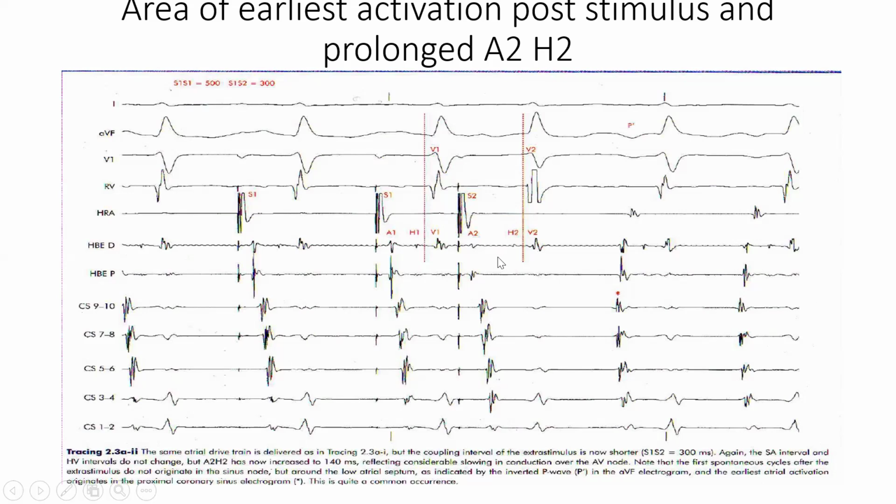The distance between A1 to H1 and the distance between A2 to H2. A2 to H2 is longer. See the delay. So what does that tell you? There's AV node delay. You can now understand why he said AV nodal delay, right? So you can see it's not hard at all. It's actually just to know the basics, and it will be easy to tease it out.